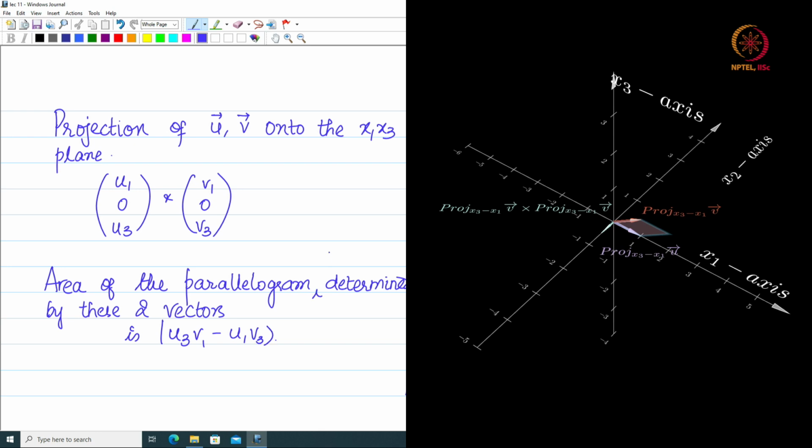Let us call this parallelogram pi 1 3, right.